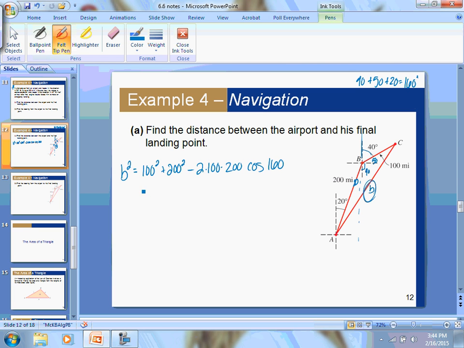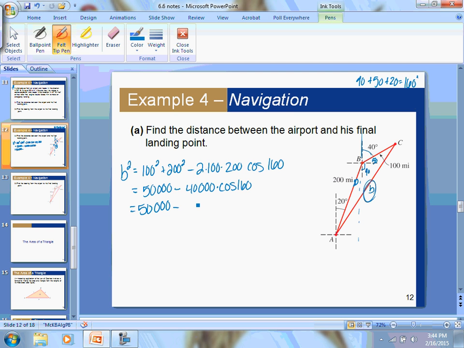Okay. So now if you do 100 squared and 200 squared and you add them up, you get 50,000. And then 2 times 100 times 200, that's 40,000. And remember, that's still multiplied by the cosine of 160. So then you have to take the 50,000 and subtract the 40,000 times the cosine of 160.